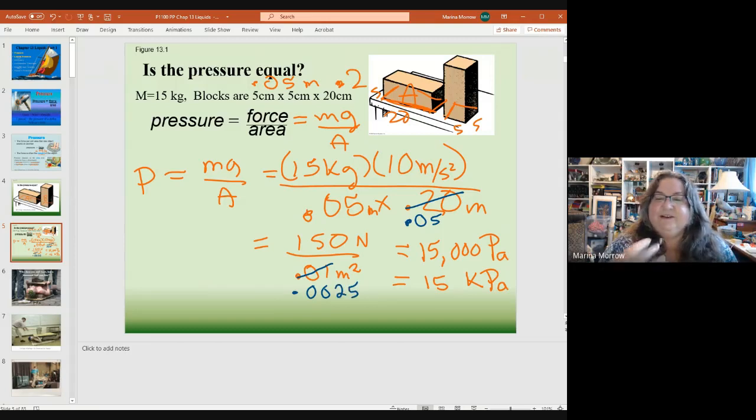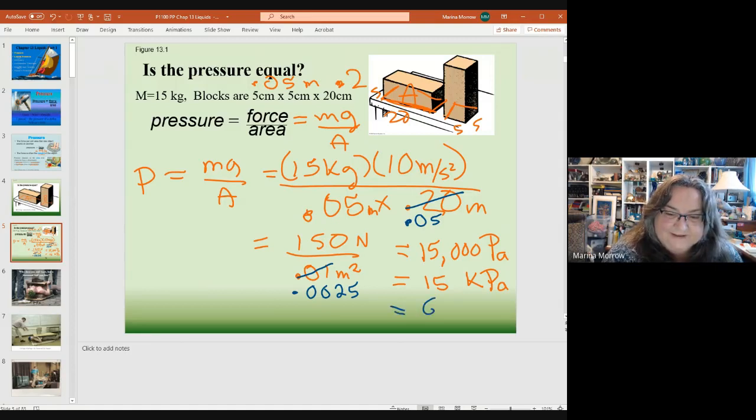And so what's that going to do to the pressure? Well, it should be 4 times greater. Let's see. All right, so yes, 60,000.